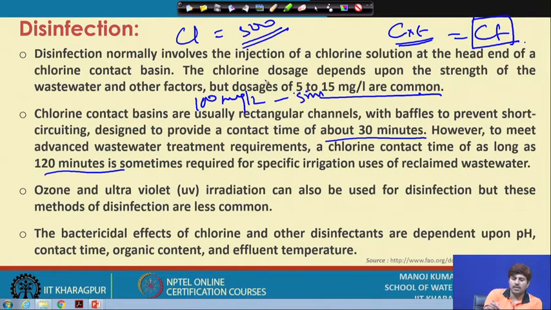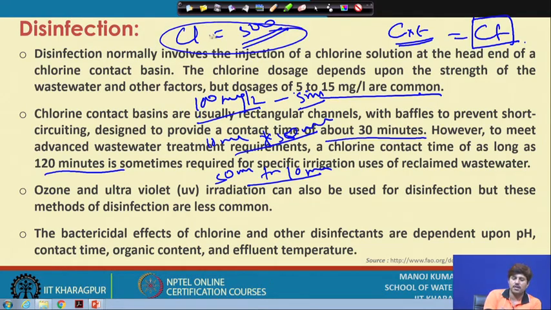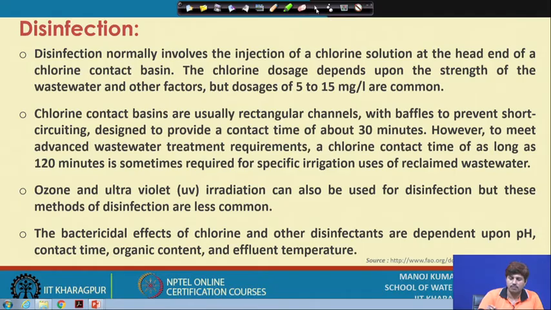Of course, we need to match the units later on, but if it is that way, then 100 milligram per liter for 5 minutes, or 10 milligram per liter for 50 minutes, or say 50 milligram per liter for 10 minutes. So that way we can have different combinations to achieve a similar impact. That is the CT concept.